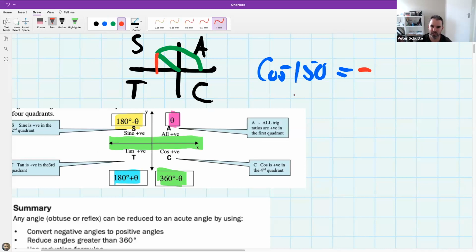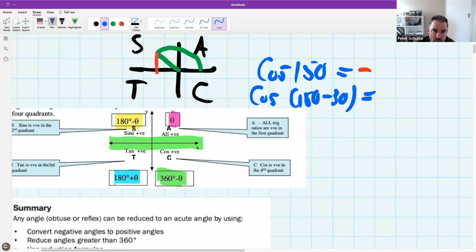So let's just show you how this would work with this one. You've told me already that cos of 150 is negative, but maybe before I do that, I want to write this as the cos of 180 minus 30. Is the cos of 180 minus 30 the same as the cos of 150? Yes, it is.